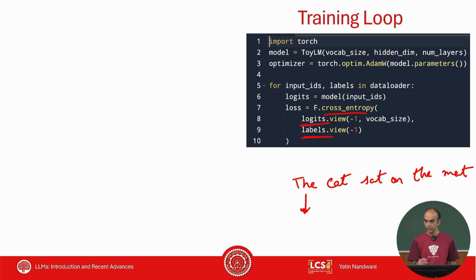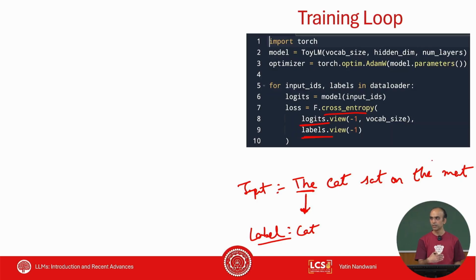When we compute cross entropy, we will get the logits from this position, right? So what is the label against which we compute the cross entropy loss? No, the label is the prediction. The cat, yes, this is the label. So this is the label, and this is the input, right? So we shift. I mean, this entire sentence shifted to the left becomes the label.